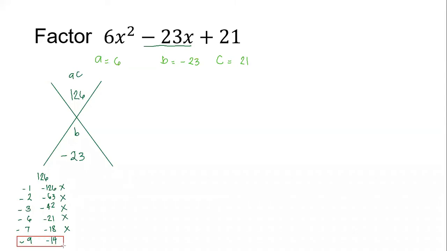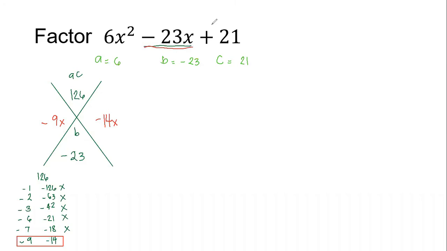So that means the factors of 126 that when added together will equal negative 23 are negative 9 and negative 14. So negative 9x and negative 14x would equal negative 23x.